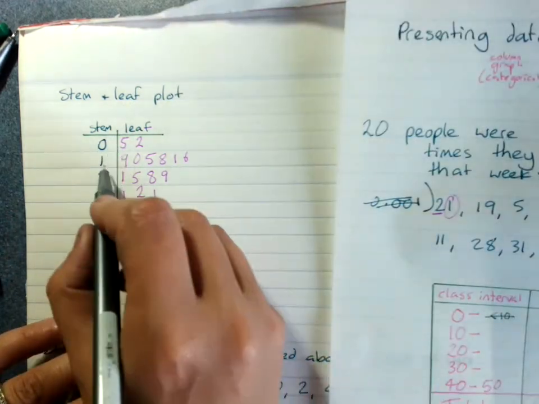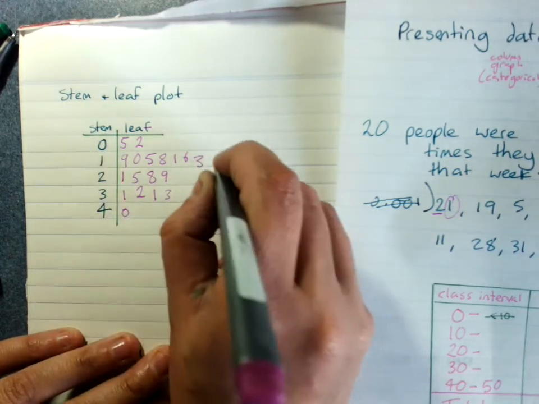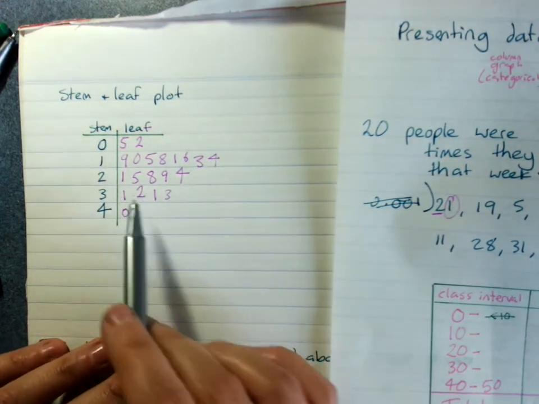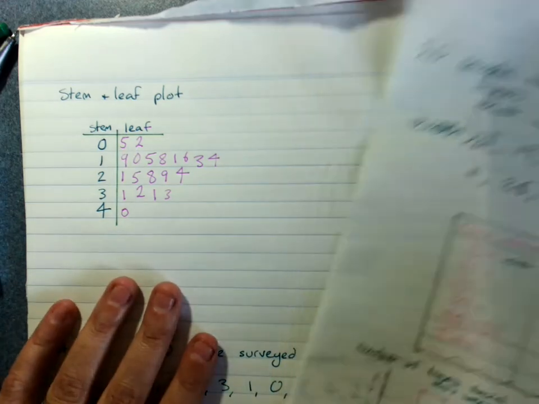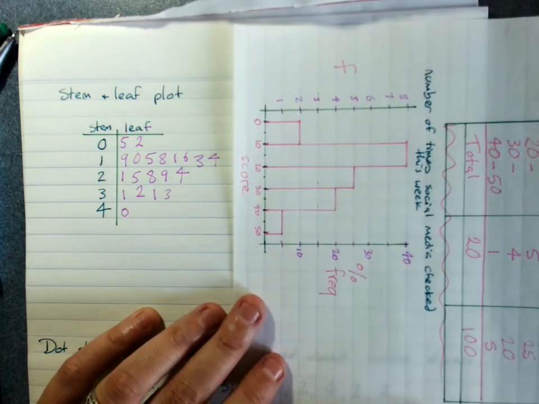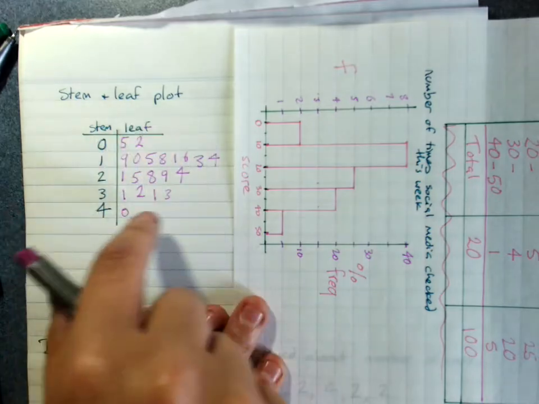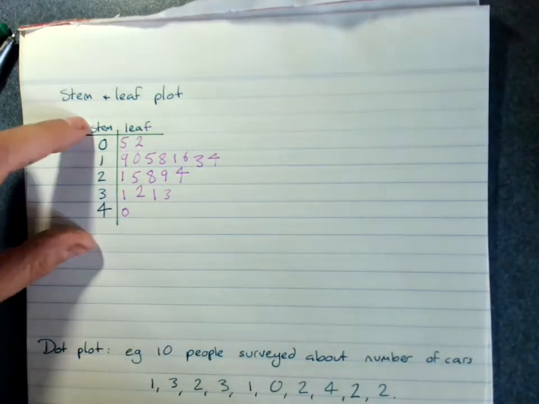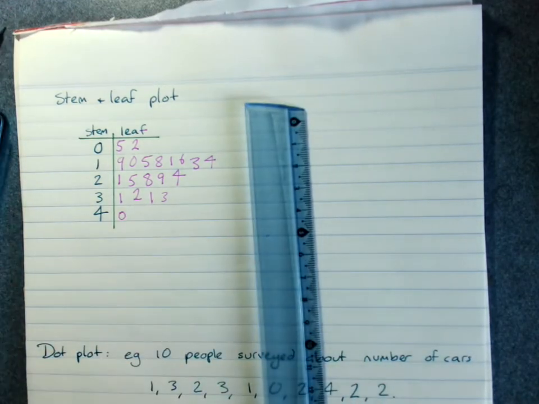So I had 13, so it's a 1 and a 3, 33, 14, and 24. So you see all these numbers end up out of order, and actually what you get is pretty much the same graph as we just did. There's 2 things here, 8 things here, 5 things here. It's just here we also retain the digits themselves. So this is an unordered stem and leaf plot. You must give me an ordered stem and leaf plot.